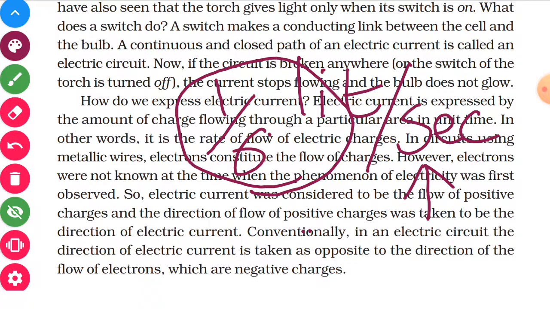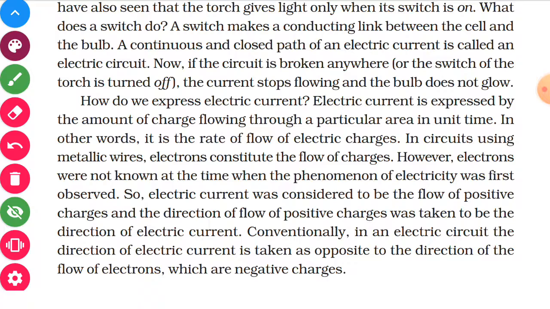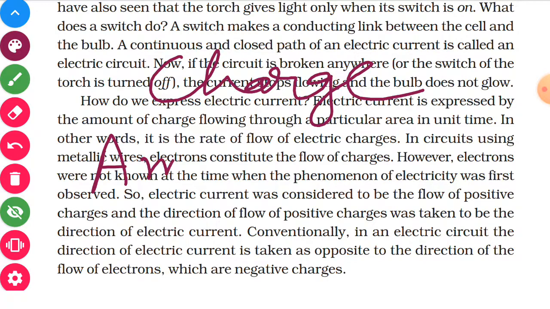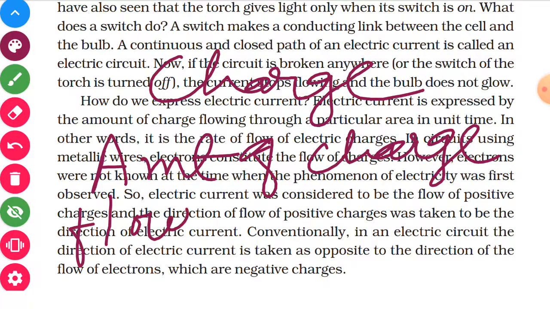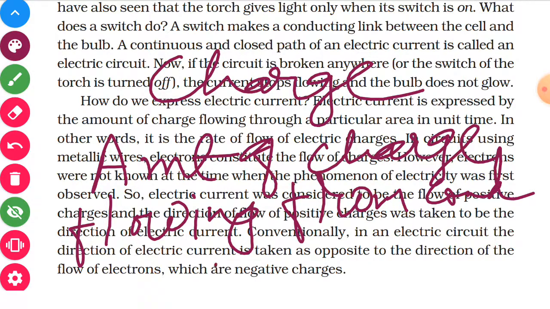Now when we talk about electric current, what is flowing? The charge is flowing. So the amount of charge flowing through a conductor in 1 second, or amount of charge flowing per second through a conductor, is nothing but the electric current.